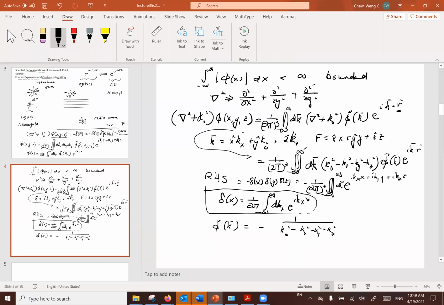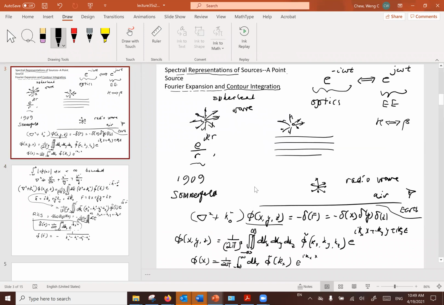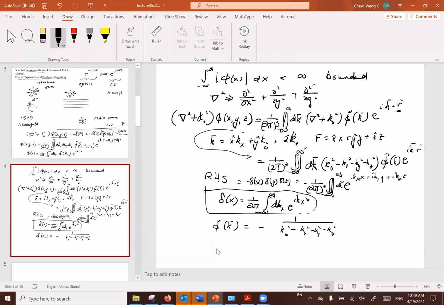I have a very simple expression for phi tilde, which means that I have another way of solving this problem in closed form. This problem has been solved in closed form before in your previous homeworks and lecture notes. It is essentially the Green's function of the system. We know what it is. But in order to write the solution in terms of plane waves, you can see that these things look like plane waves, we have to use Fourier transform to find a different way of finding the solution.